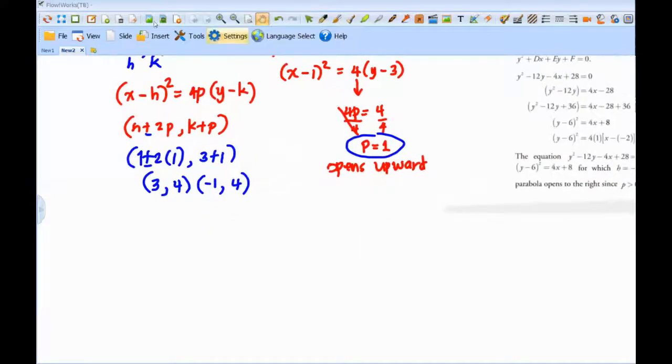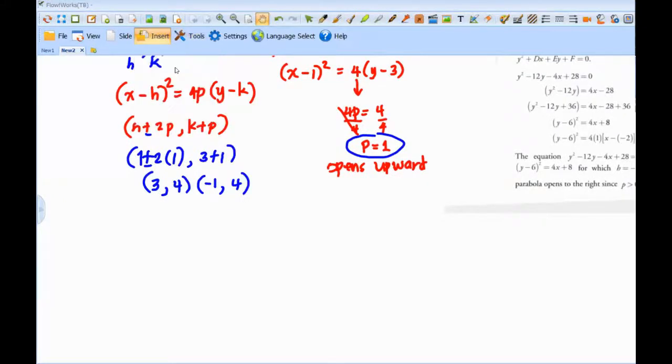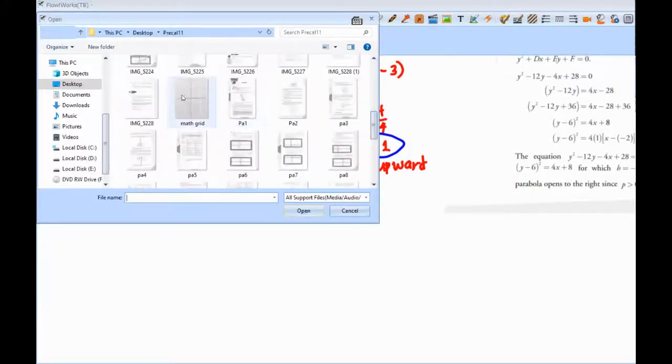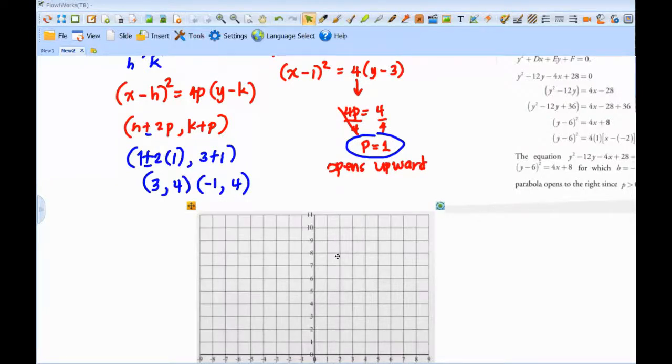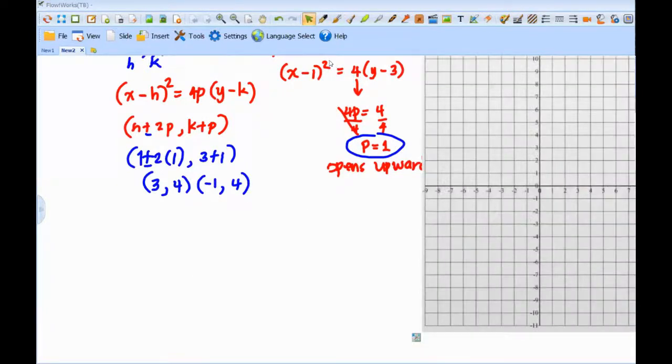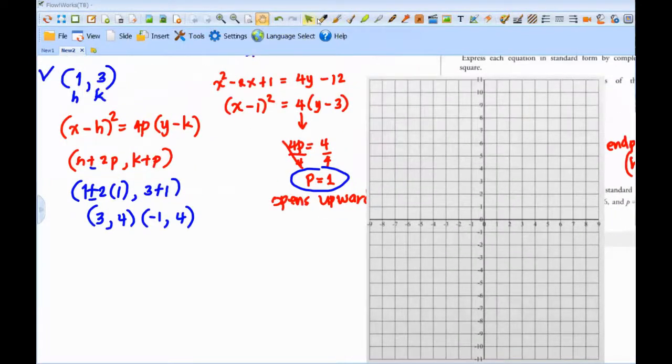So insert. Okay, where is the vertex now? It's h, k, right? h, k is 1, 3. The vertex is 1, 3.